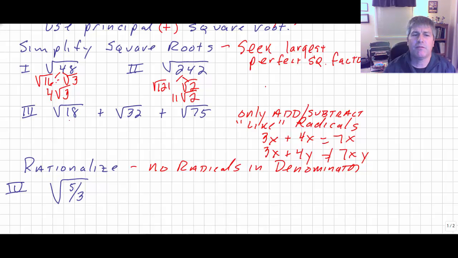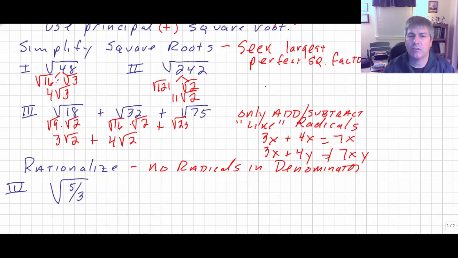They can be simplified. The square root of 18 can be simplified, just like we did above, to 3 square root of 2. And the square root of 32 can be simplified. That's the square root of 16 times the square root of 2, so 4 square root of 2. And the square root of 75, our perfect square factor in 75 is 25 and 3. So that is 5 square root of 3.